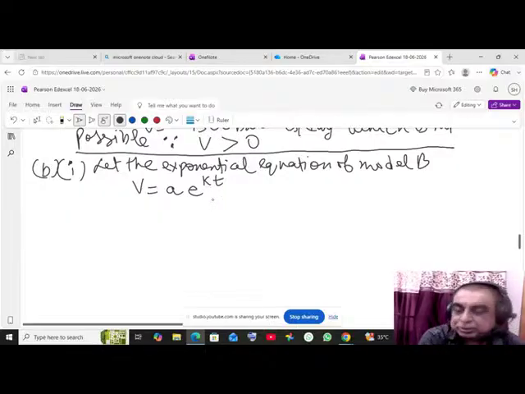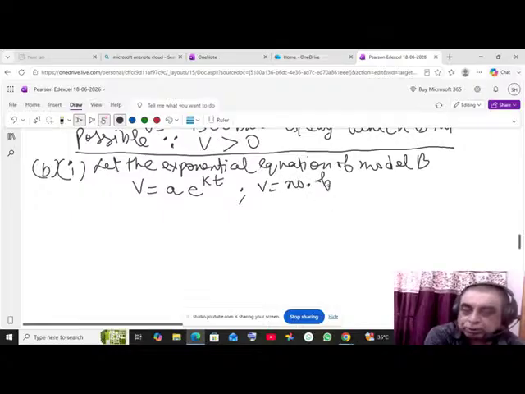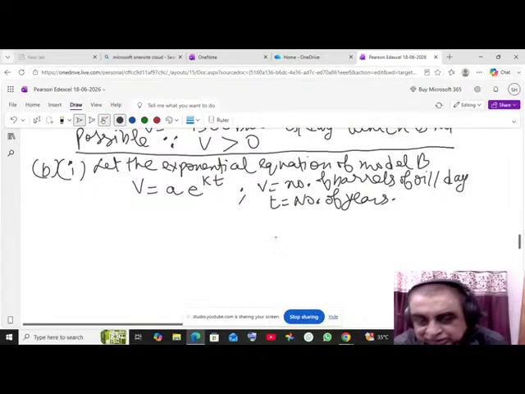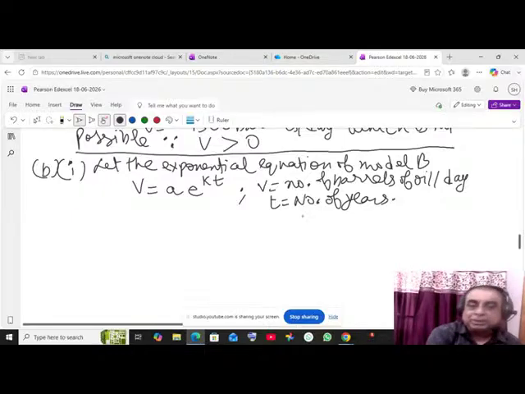T is the number of years, and V is the number of barrels of oil drilled per day. This is the exponential form of the equation of the graph.